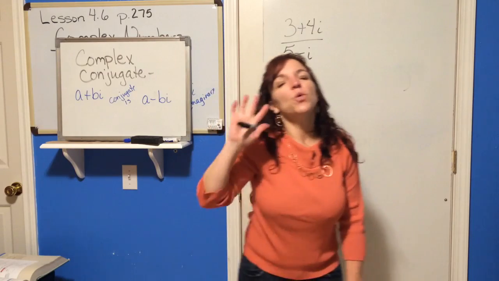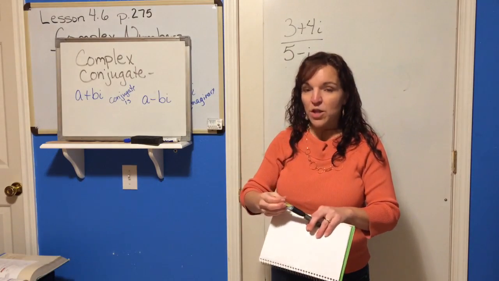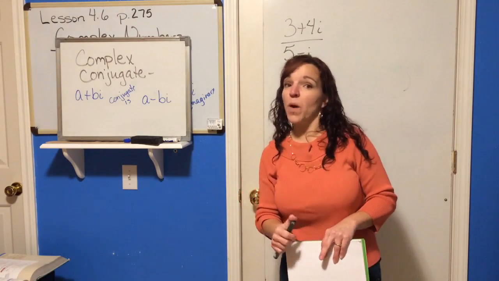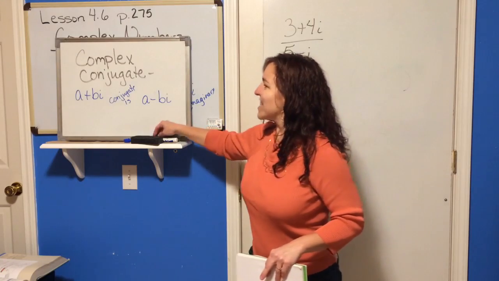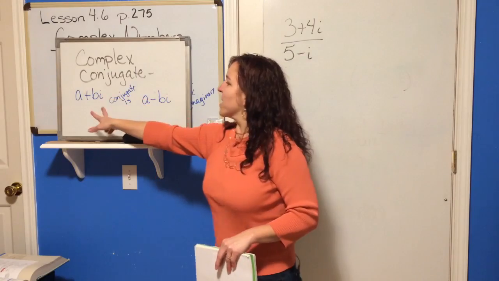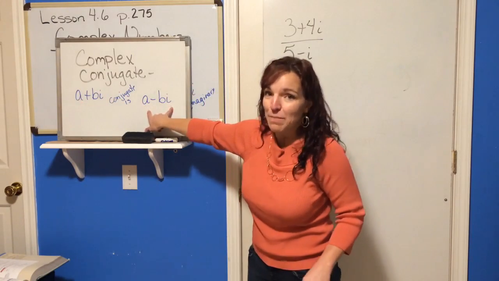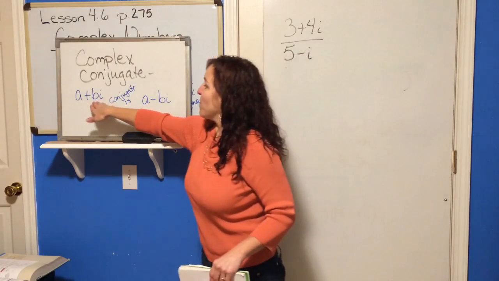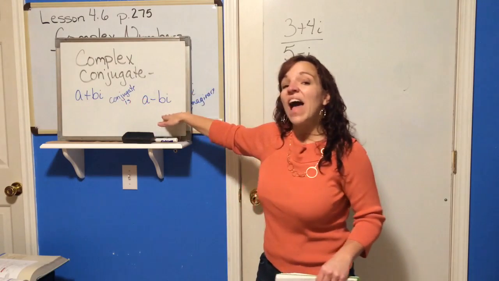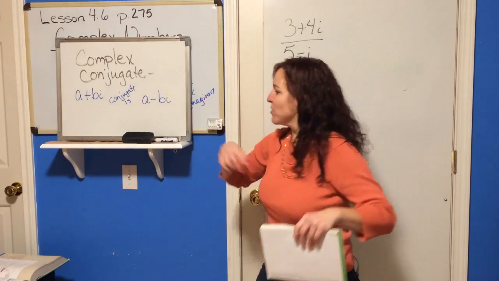So the trick is, if you remember back to when you did the difference of perfect squares, that same type of thing is going to come into play here, because the conjugate of a plus bi is going to be a minus bi. So you have a positive i in one and a negative i in the other, and what happens when you do that is those middle terms drop out.